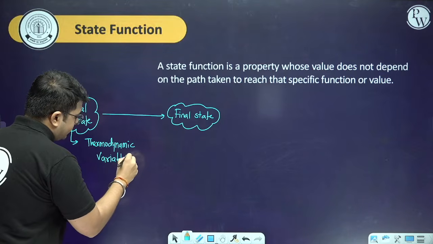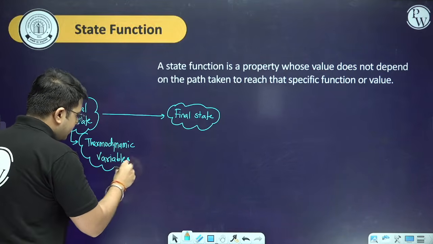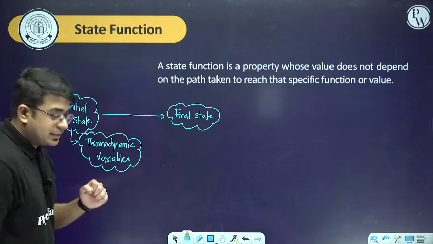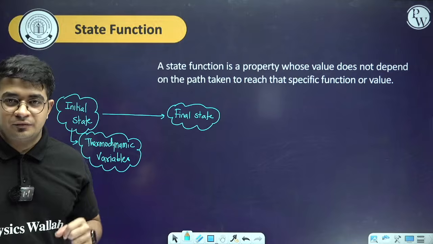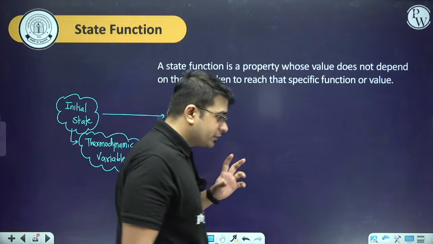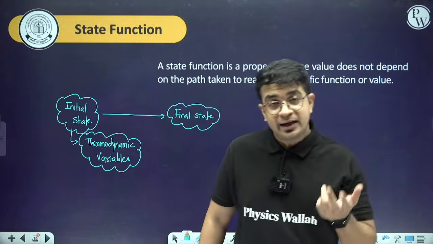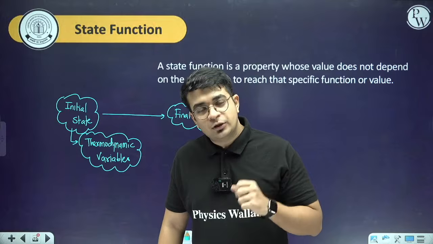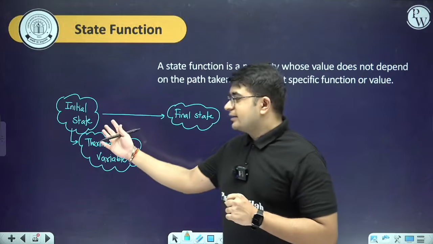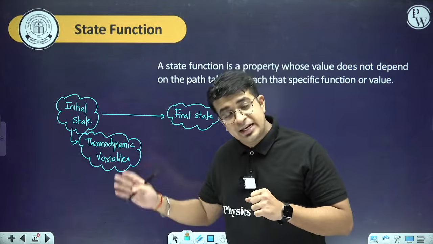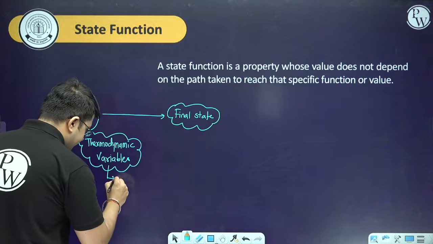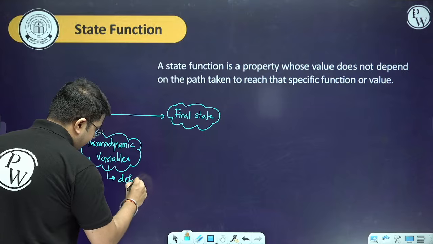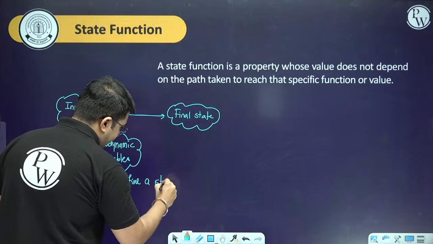Basically, thermodynamic variables are the variables which actually determine the state of that particular starting phase. So let's say I'm starting with gas and I need to convert that gas into liquid or directly into solid. So I need to understand that there are certain variables which can actually define a particular state. So these thermodynamic variables can actually define a particular state.